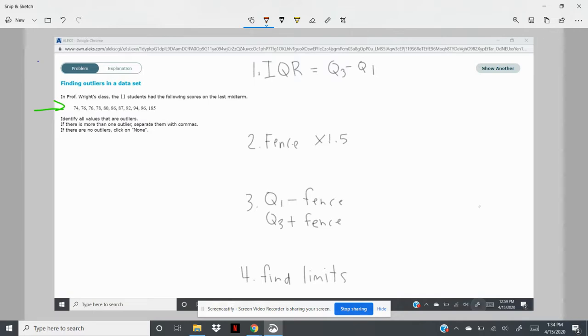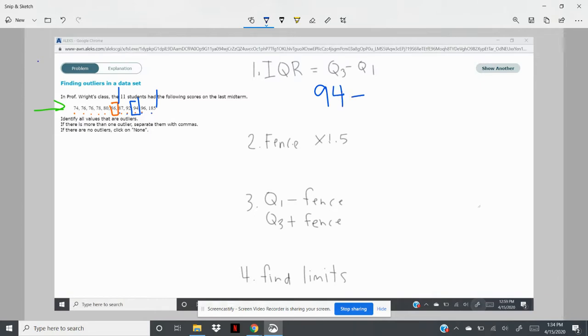First, to find our IQR, we need to find our median. Finding our median is finding the center of our data, so we go from each number until we get to the center. And 86 is our center. Then we find our quartile 3. Quartile 3 is from 87 to 95, so I'm going to figure out which number is in the center, which is 94.